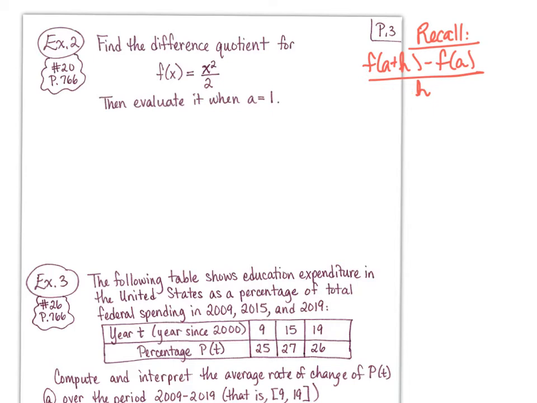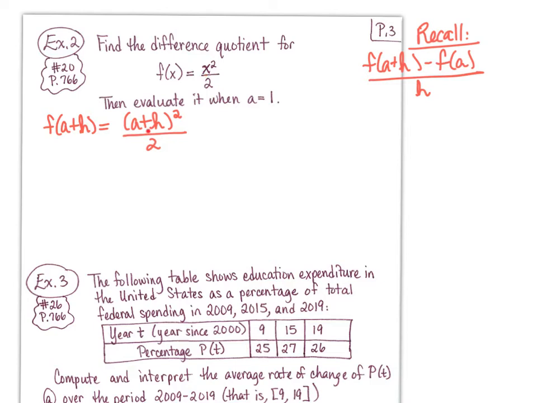Taking steps to start. Okay, sounds good. So, f of a plus h is equal to the quantity a plus h squared divided by 2. So what we did here, we took a plus h, substituted it in for x here.